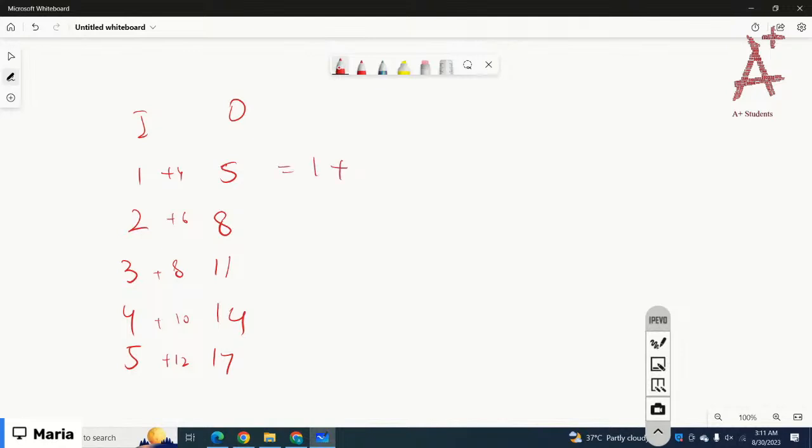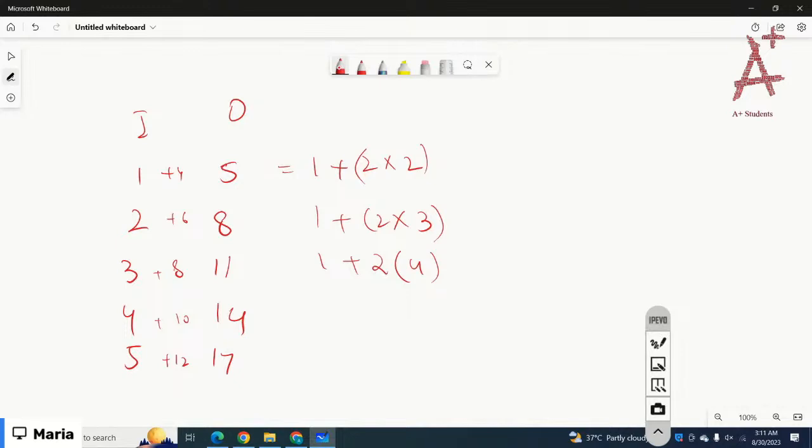It is 1 plus 2 times 2, 1 plus 2 times 3, 1 plus 2 times 4.